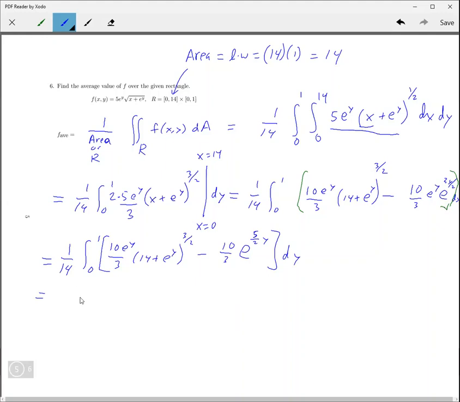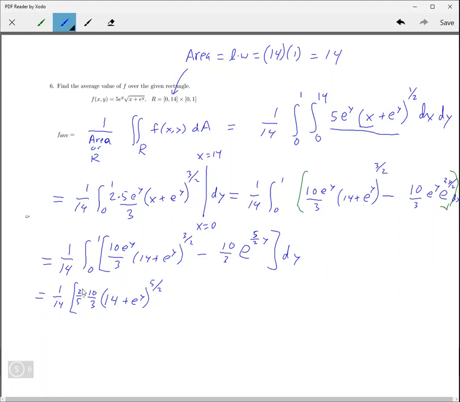Okay, great. So now we take the integral with respect to y of this. And I'm thinking 14 plus e to the y to the 5 halves. Because when you take the derivative of this, the 5 halves will come down.